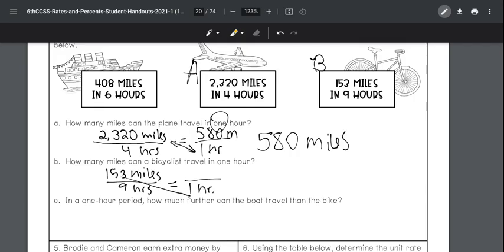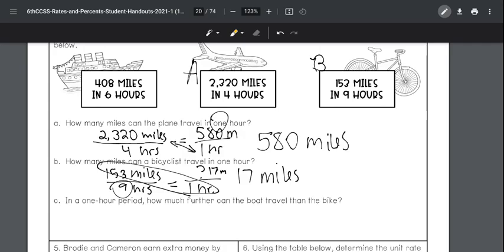So cross multiply and divide. 153 times 1 is 153. 153 divided by 9 gives us how many miles we want. And that bicyclist can travel 17 miles. So 17 miles in 1 hour.